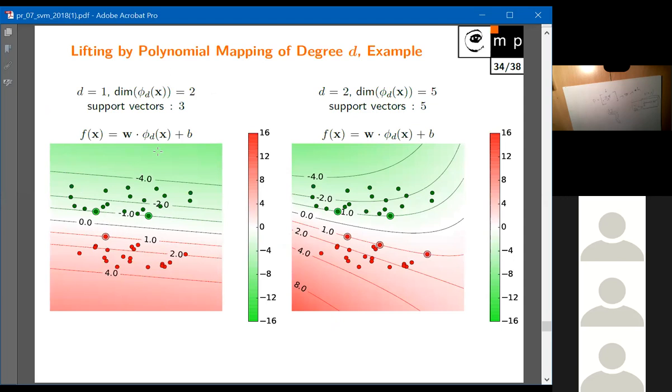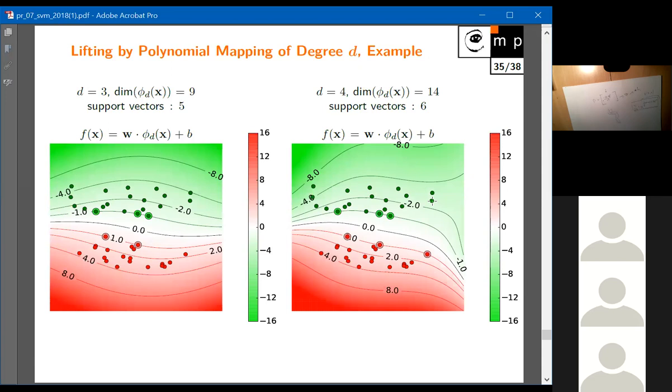We are in 2 dimensions, and if one decides to go for a second order classifier, you end up with 5 support vectors, but you see that maybe it's not giving anything. It's quite smooth boundaries, and I would say the classifier is still fine.